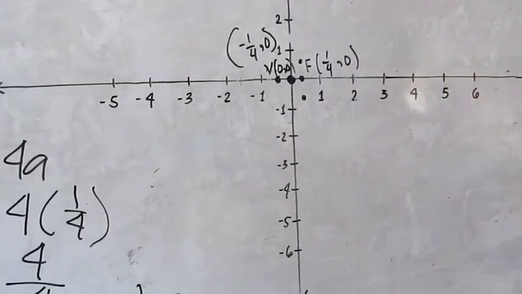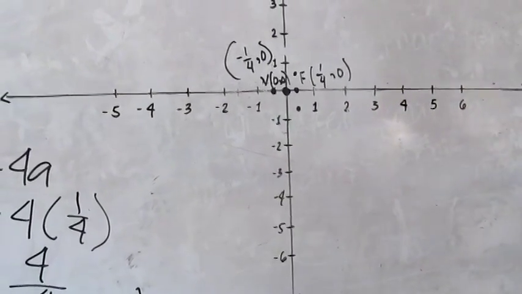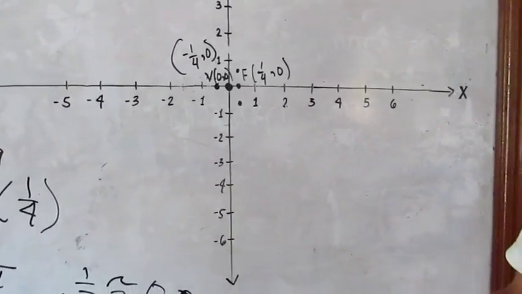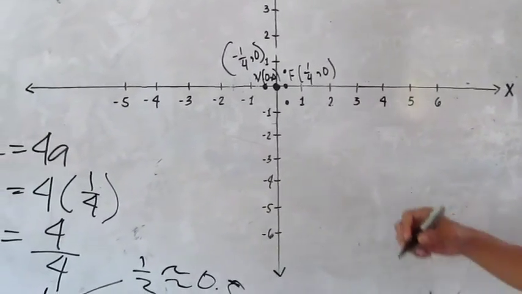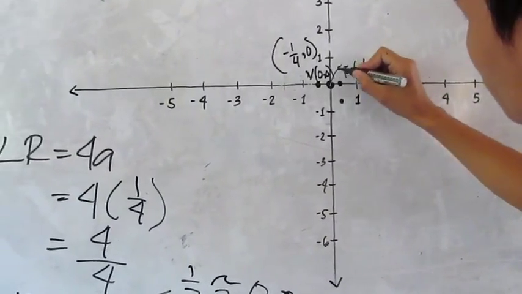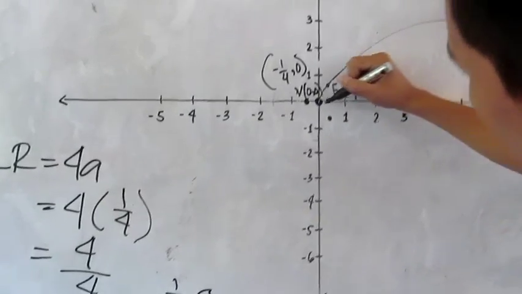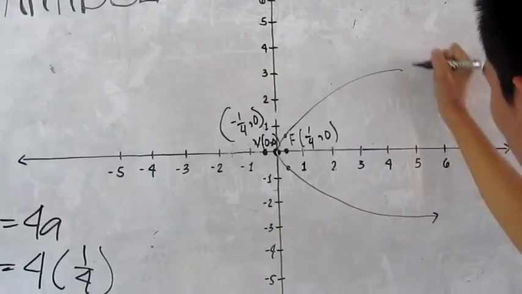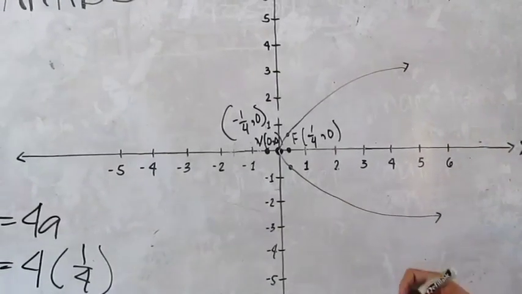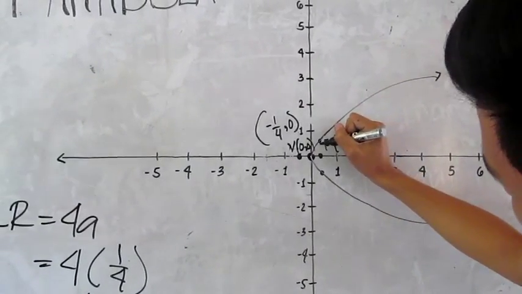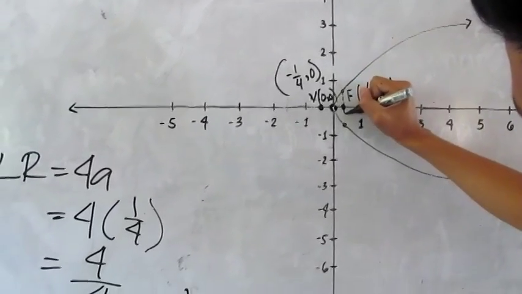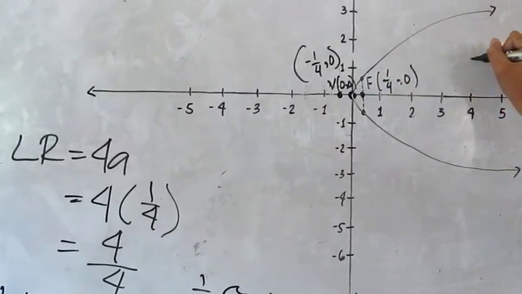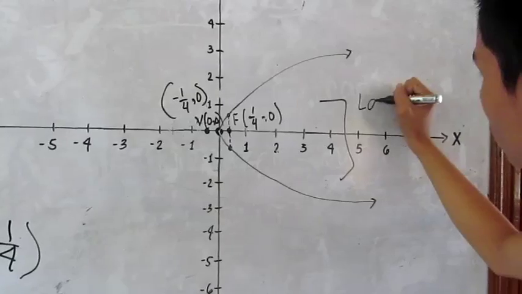And then we can already draw or sketch the graph of the parabola. Okay, and then this segment going down here is called our latus rectum.